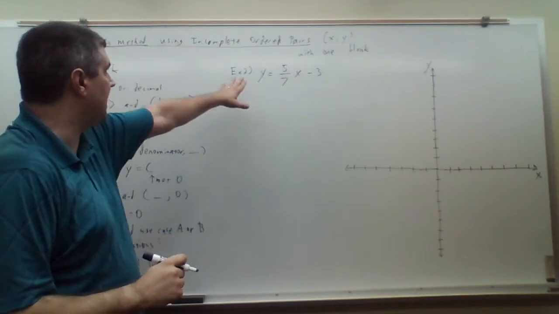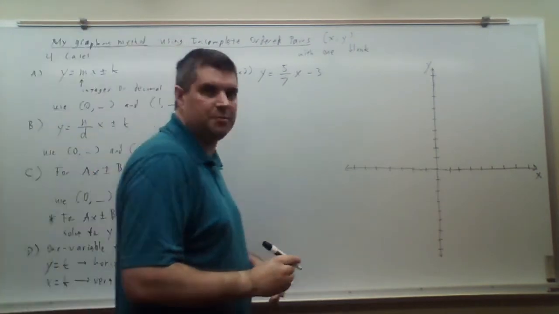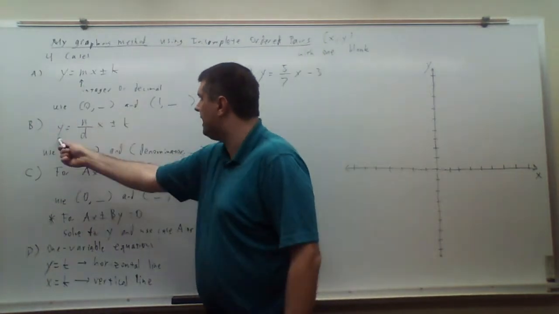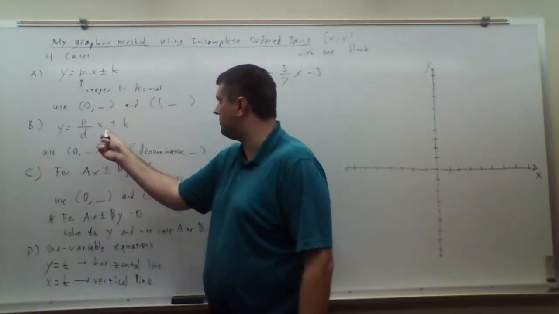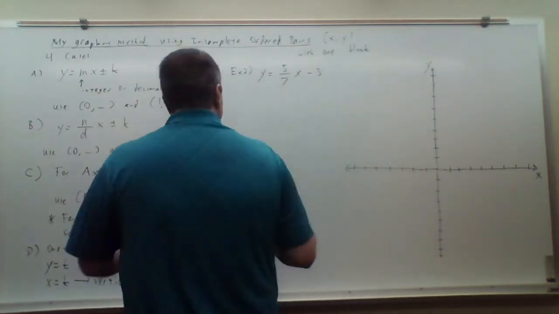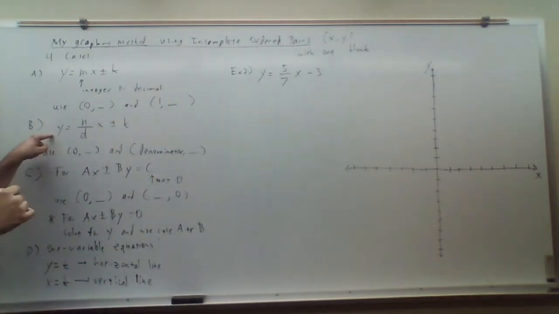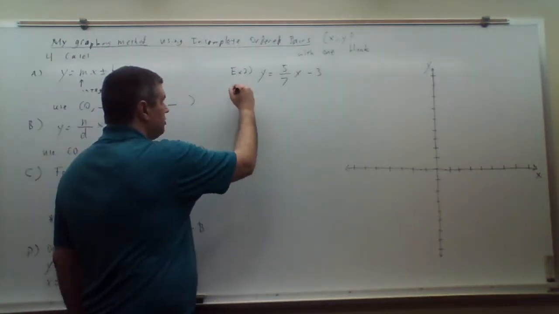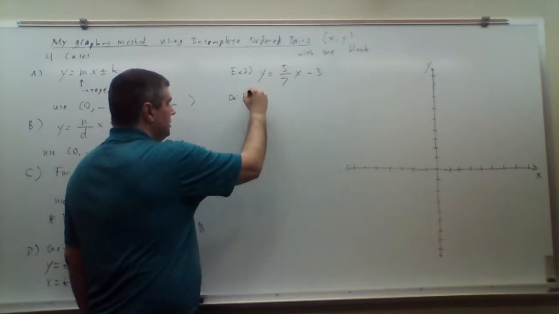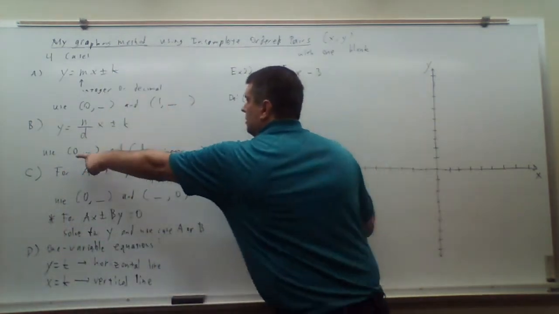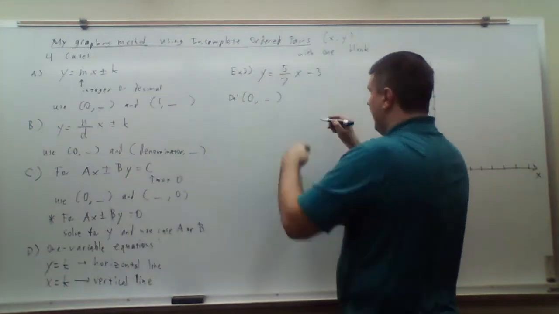All right, so here's example 2, y equals 5/7 x minus 3. Well, folks, that's y equals a fraction times x plus or minus a number. So I will use case B: 0 blank and the denominator blank.